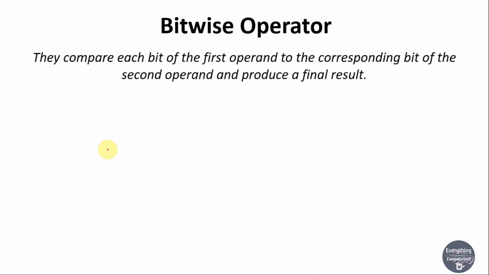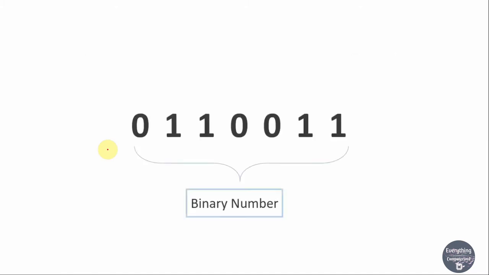Bitwise operators compare each bit of the first operand to the corresponding bit of the second operand and produce a final result. To be precise, everything in a computer language is binary, and a binary number consists of zeros and ones. These zeros and ones are called bits, and a combination of zeros and ones, that is bits, makes up a binary number. So each digit in a binary number is a bit.